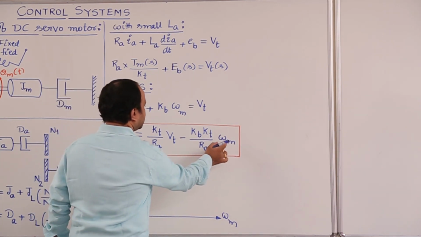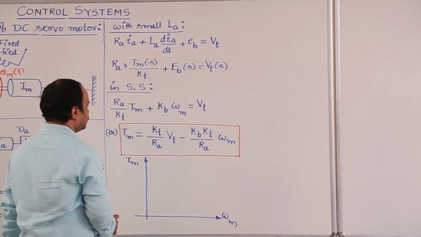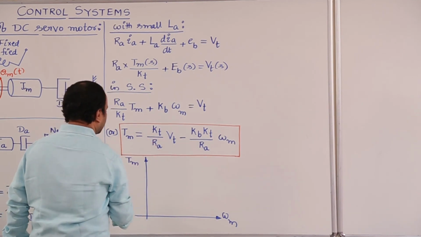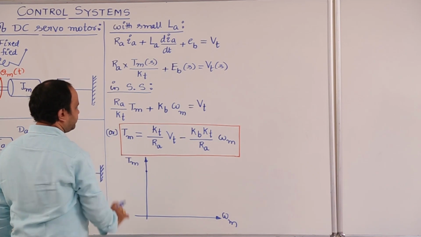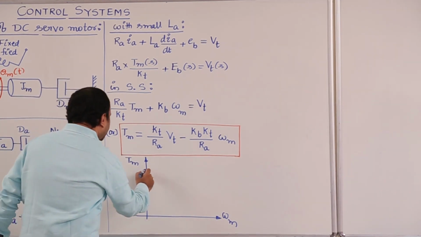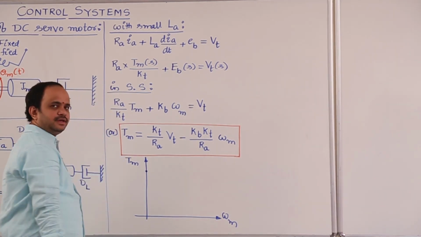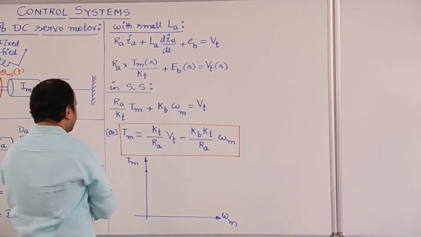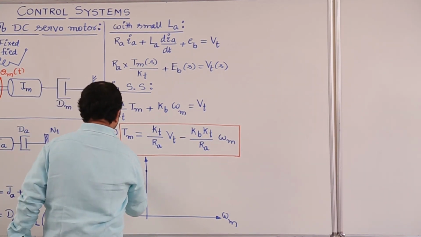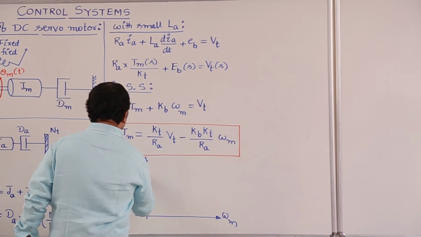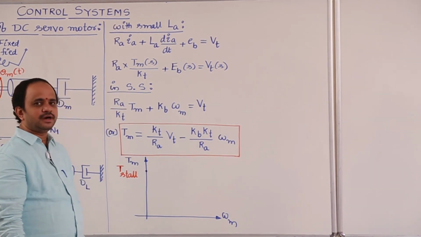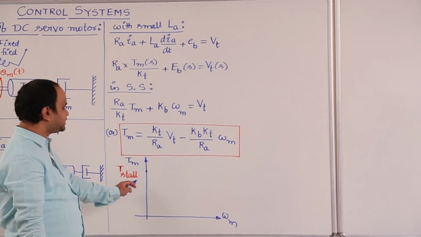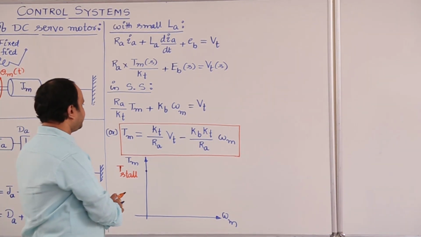For example, if omega m is equal to 0, what could be the torque value? Kt into Vt divided by Ra. That point will be somewhere here. That is called stalling torque: when the speed is 0, the corresponding torque is denoted with the symbol T stall.